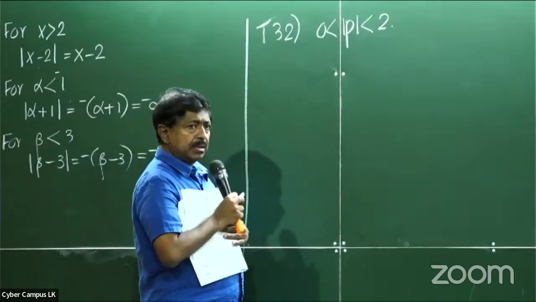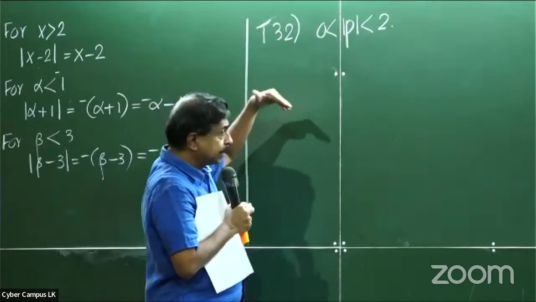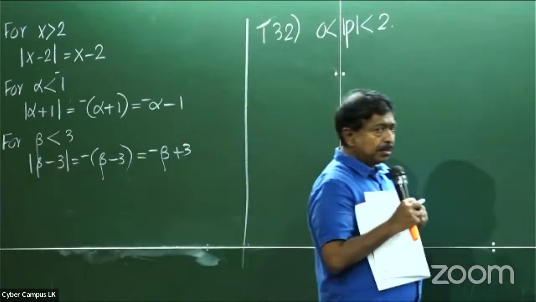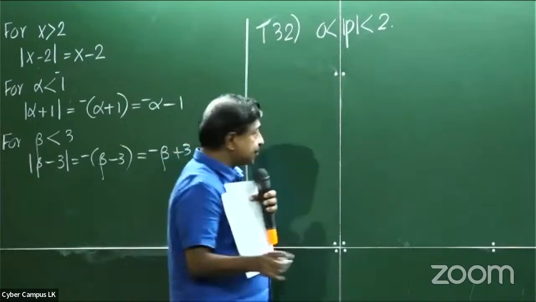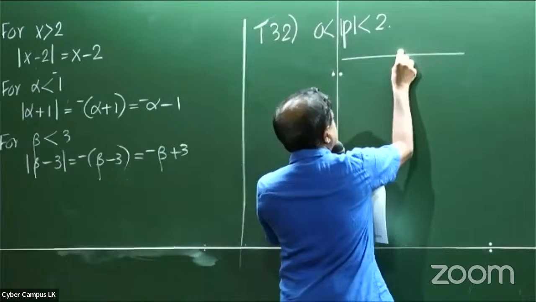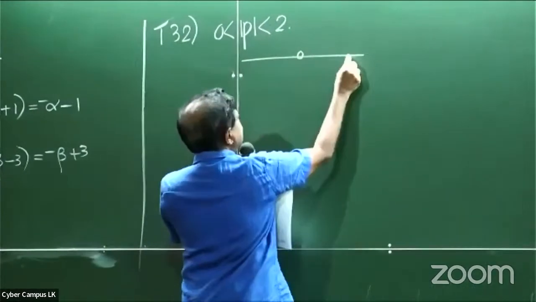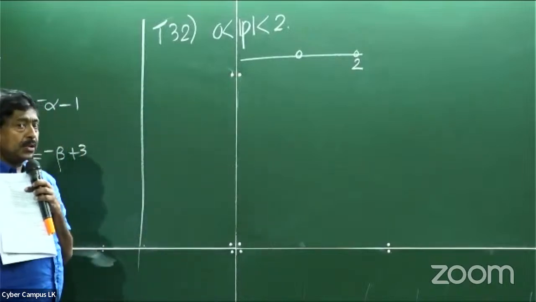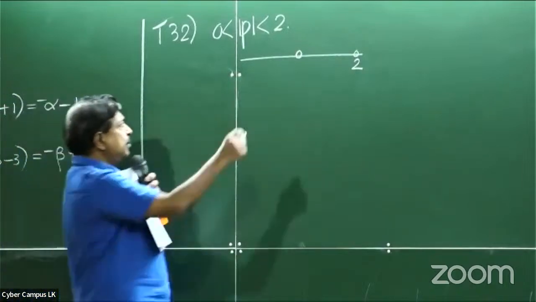Now, just to get things more clarified, you can draw it on a number line, but it's not necessary. It's not a must. But the range will be like this. It's between 0 and 2, but 0 and 2 are not included in the range.